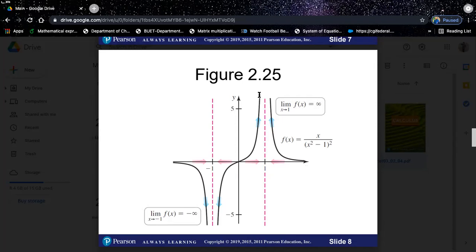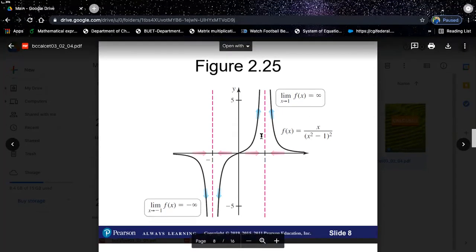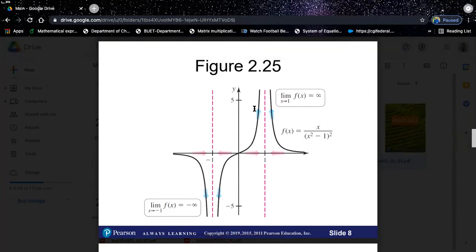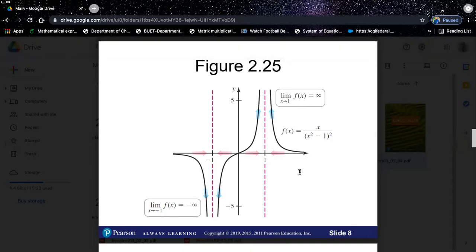Do you agree, by just eyeballing the graph? Do you agree with me that the function is actually moving towards positive infinity when we are approaching 1 from either side? Just consider the right half of the graph, okay? This side. Do you agree?